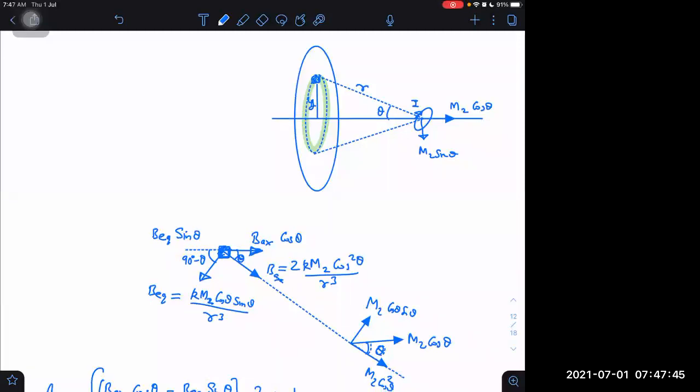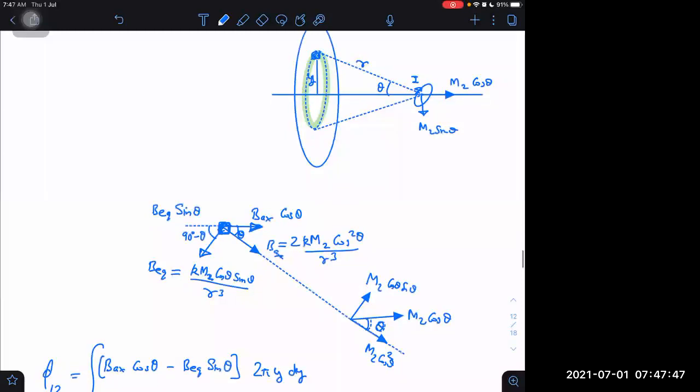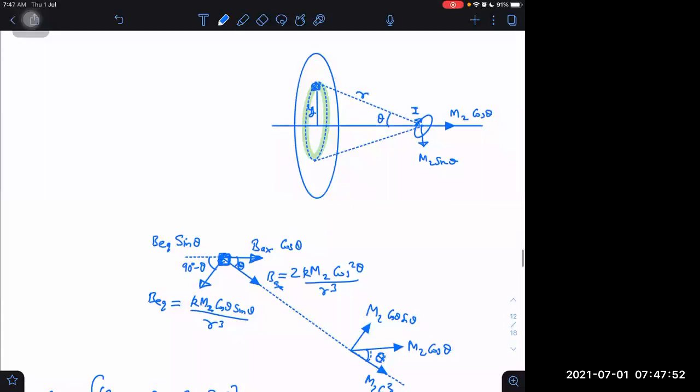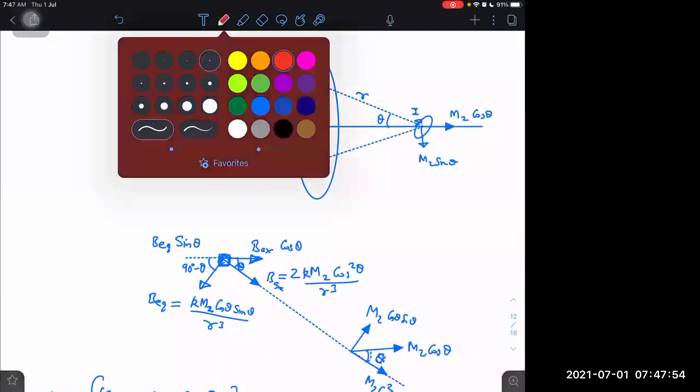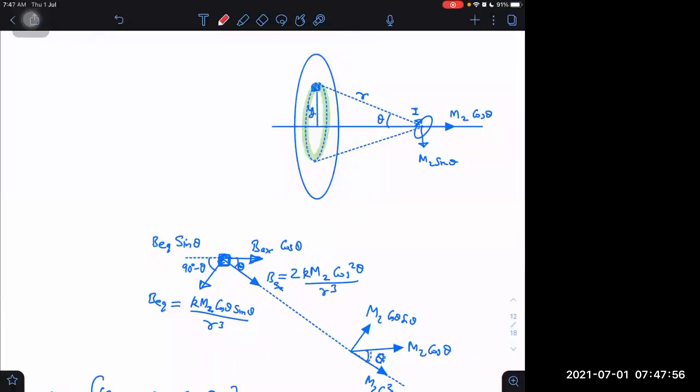That's why I said phi. Yes, you are right. That was another thing I was saying wrong, but it is okay, m2 cos theta here, there is no problem. The problem is that here I took theta. This was a different angle and this is different, right? You are right. Phi.